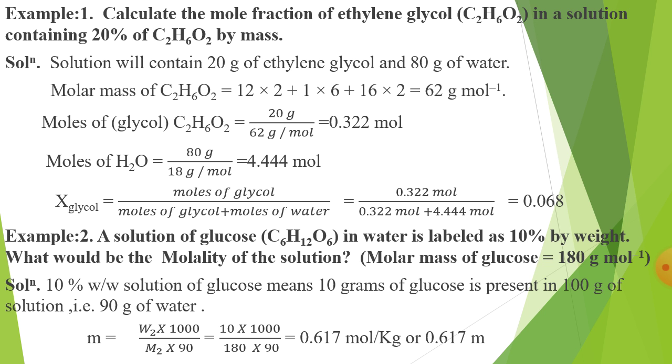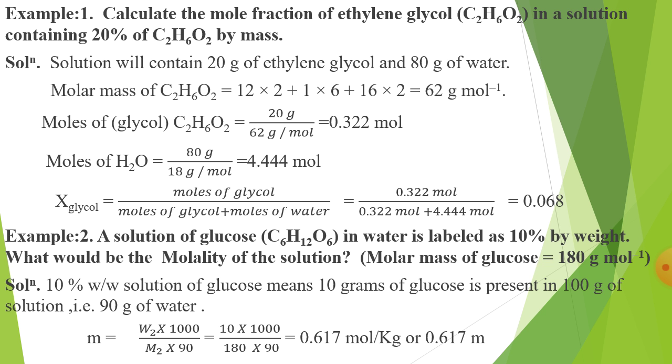So the solution will contain 20 gram of ethylene glycol and 80 gram of water. Now you have to calculate the molar mass of C2H6O2. The mass of carbon 12 multiplied by 2, plus mass of H 1 multiplied by 6, plus 16, mass of oxygen, multiplied by 2. This will give 62 gram per mole as the molar mass.